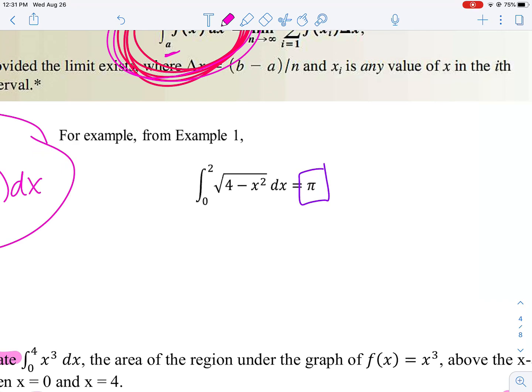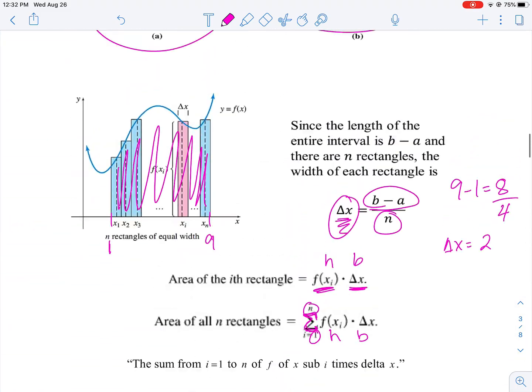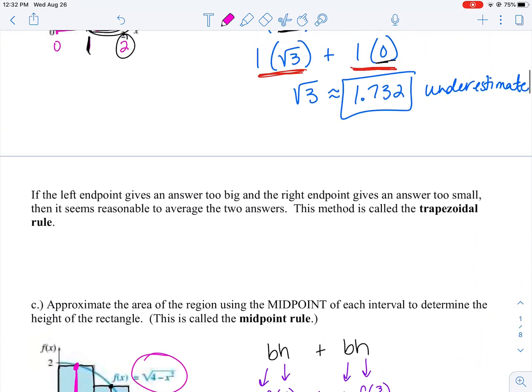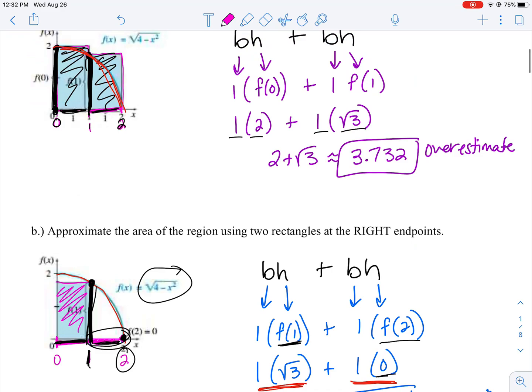Well, now, instead of approximating, we could actually just integrate that function from 0 to 2 and find an exact area underneath the curve. We end up getting an exact area of pi, approximately 3.14. Do you remember when we did it by hand, we got an overestimate, what was it? We got an overestimate of 3.7, but our rectangles were too high.